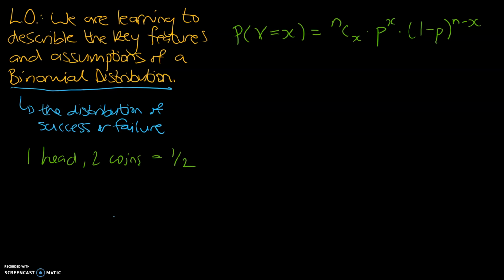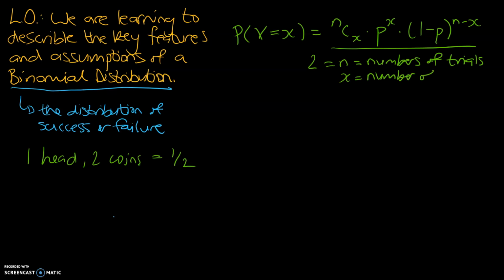It looks like a messy formula, but there are only 2 things we need to know: what n is and what x is. n relates to the number of trials, and in our case, that's the number of coins that we're throwing, so that would be 2. And x relates to the number of successes that we're looking for.